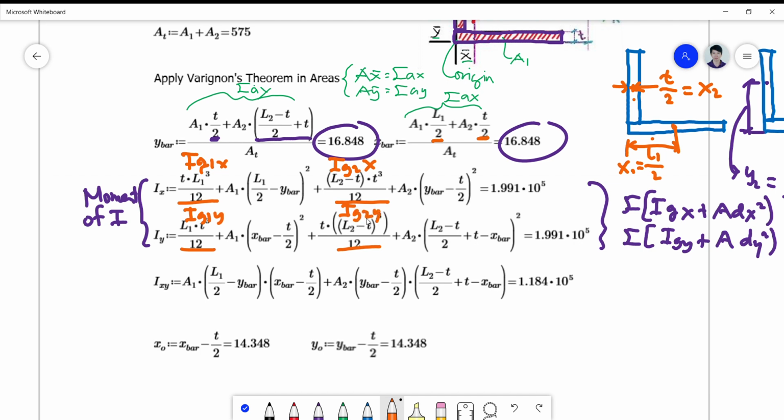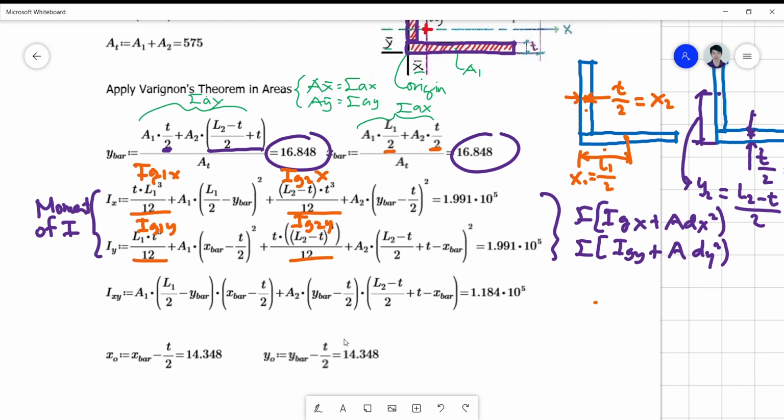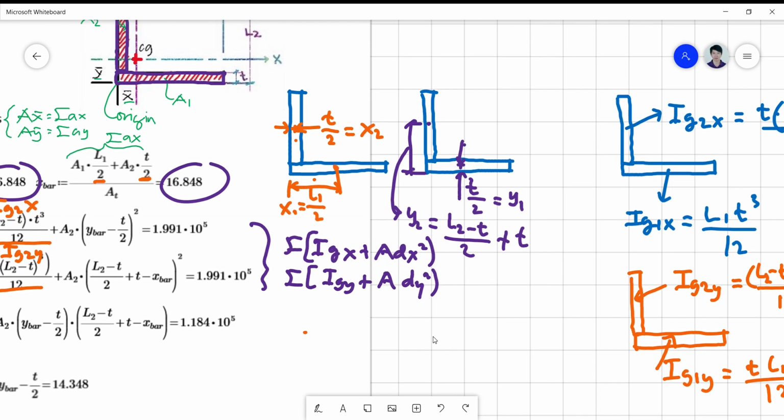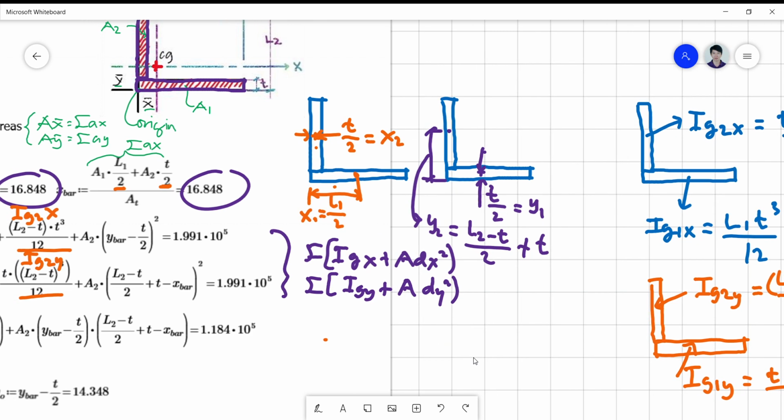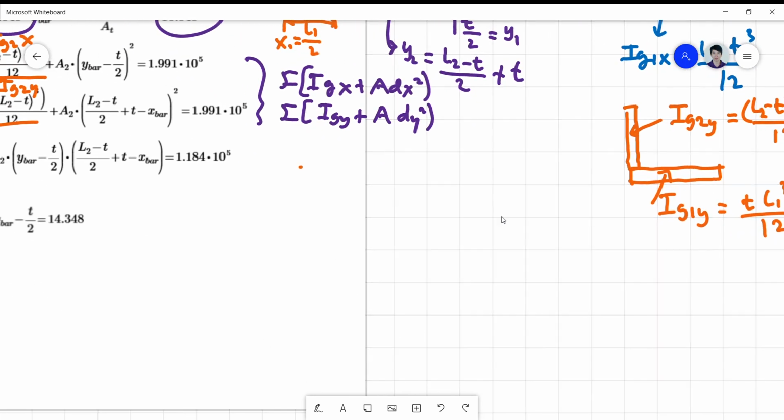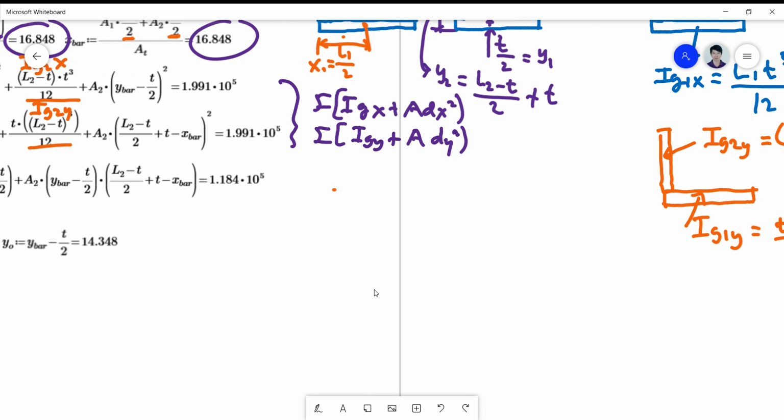Okay, and for your A dx squared and A dy squared, we just take a look at the centroid here. The distance from the centroid of the element to the centroid of the bar.